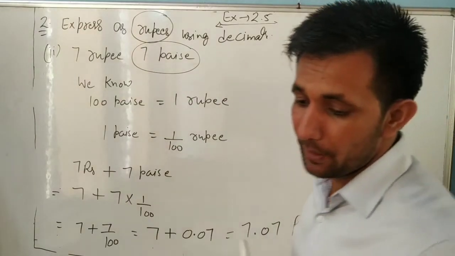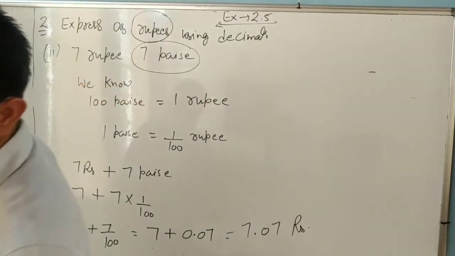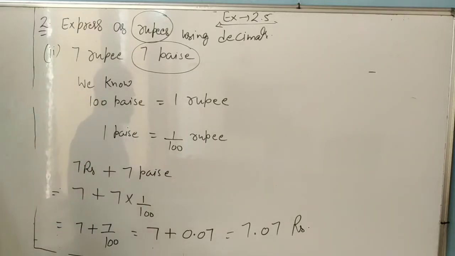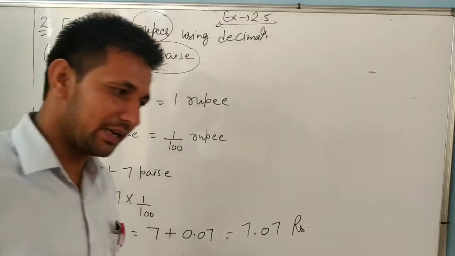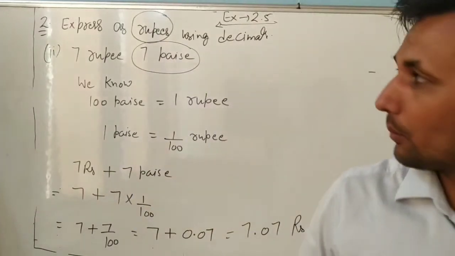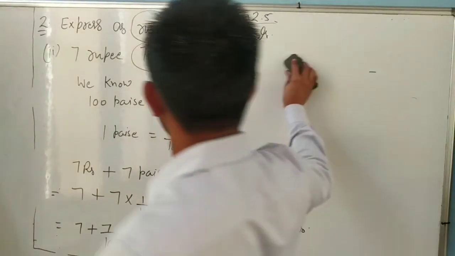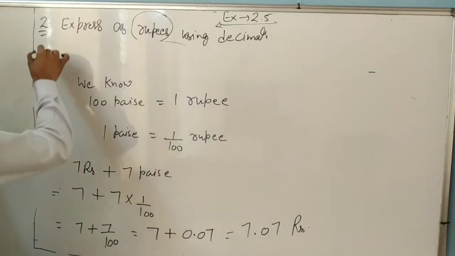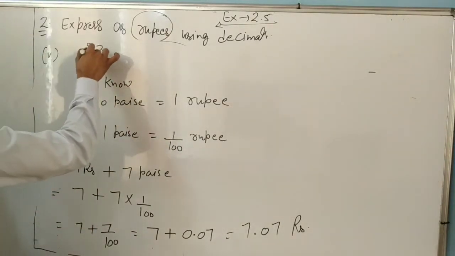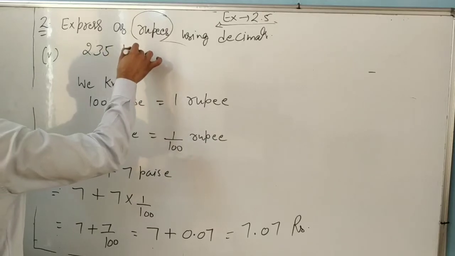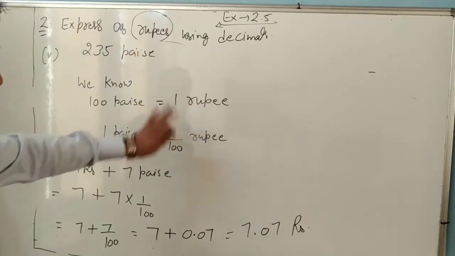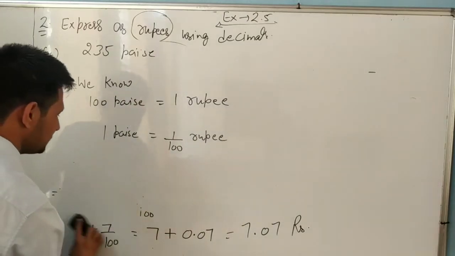So in every part you will do it yourself. Okay. Question number 2 you have to do yourself. Understand it? Otherwise, one more part, if you want to ask, look at part number 5. Part number 5, change 235 paise into rupees. So the same process, the same procedure we will follow.